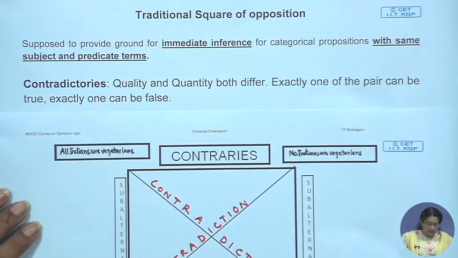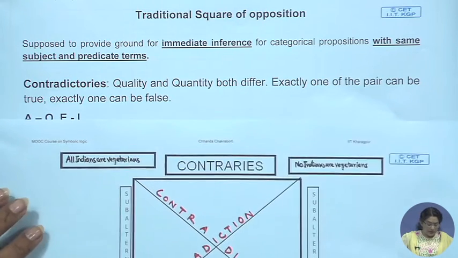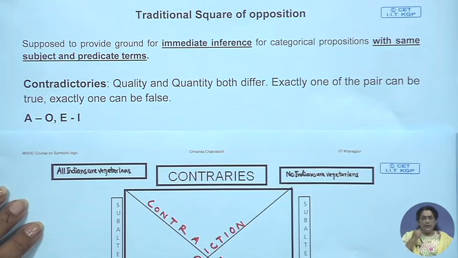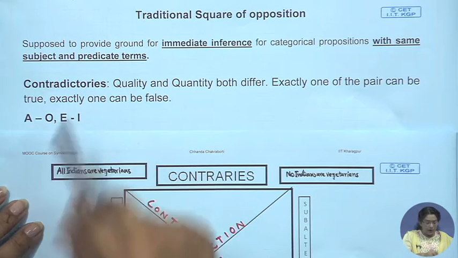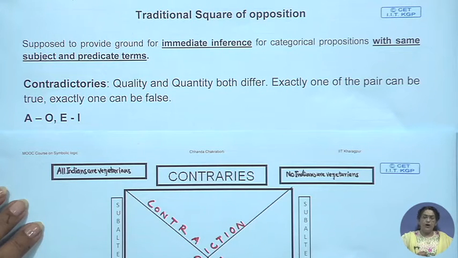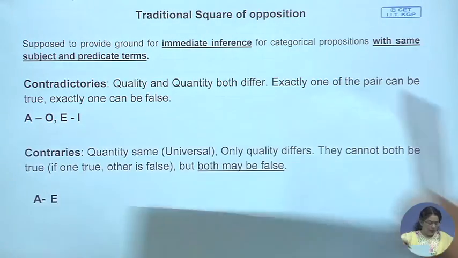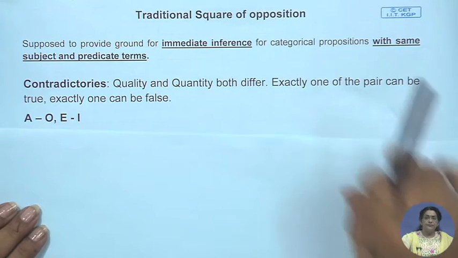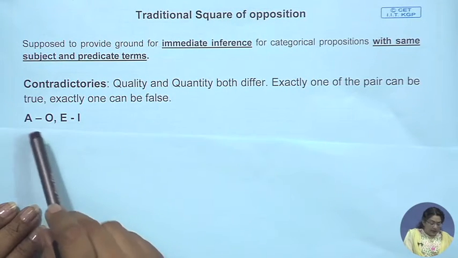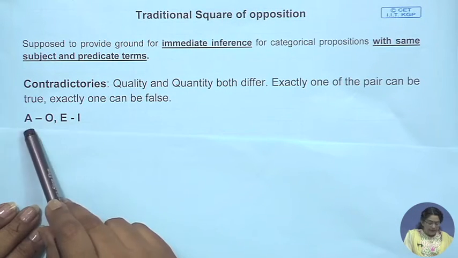The first relationship, which is between A, O and E, I, is called the contradictory. Between, as you can see, this is A, O and E, I, right. Between this, you can see the quality differs.